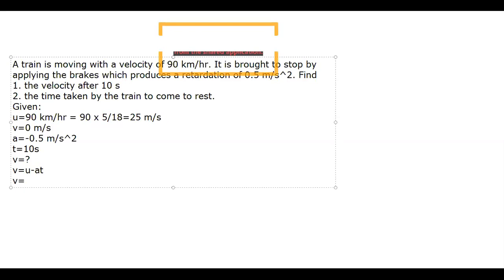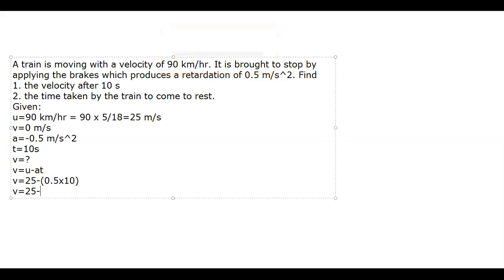V is equal to u. What's the initial velocity? 25, minus how much is the acceleration? 0.5, into t, 10 seconds. Because what's the velocity after 10 seconds? So v is equal to 25 minus 0.5 into 10, which is 5.